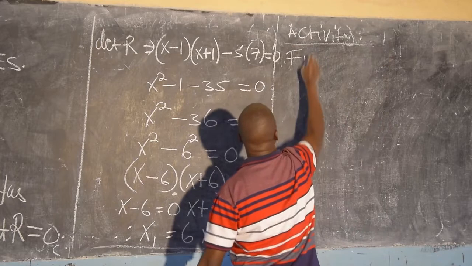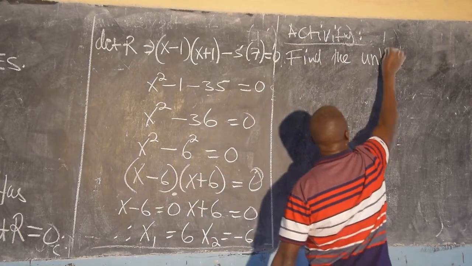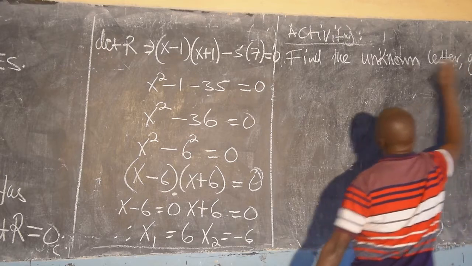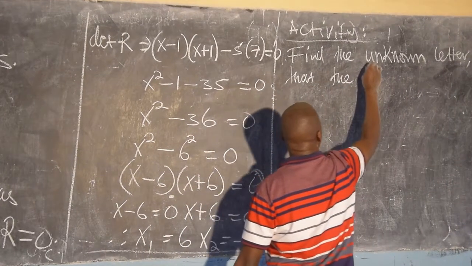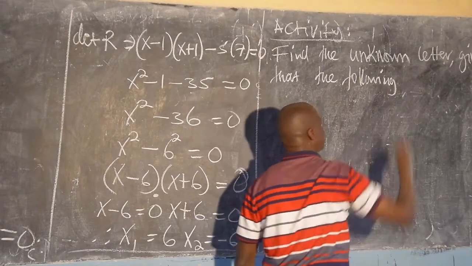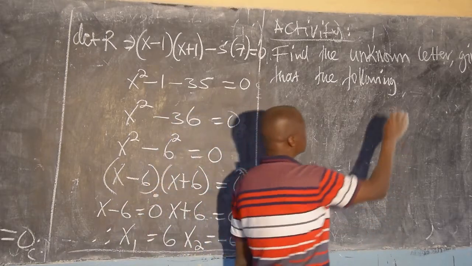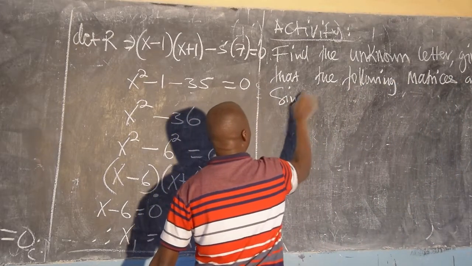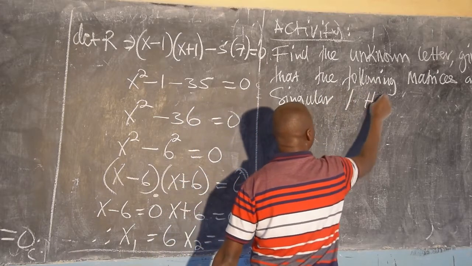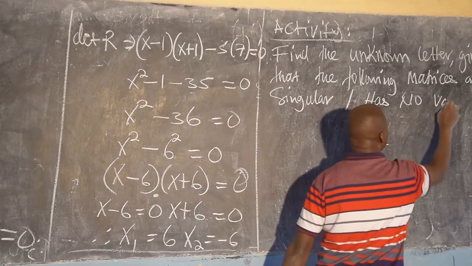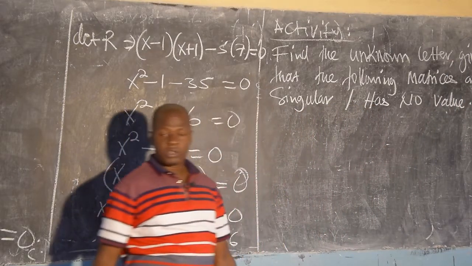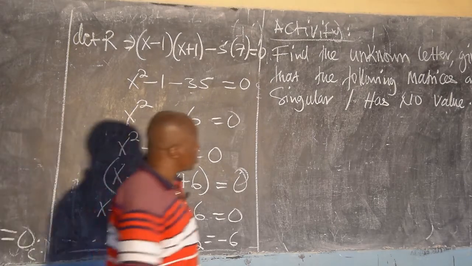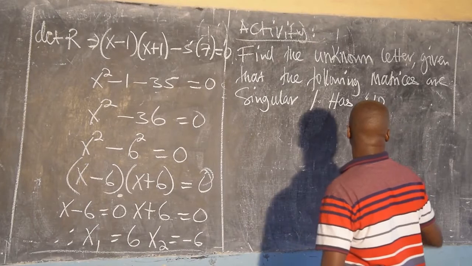Find the unknowns, given that the following matrices are singular or have no inverse.